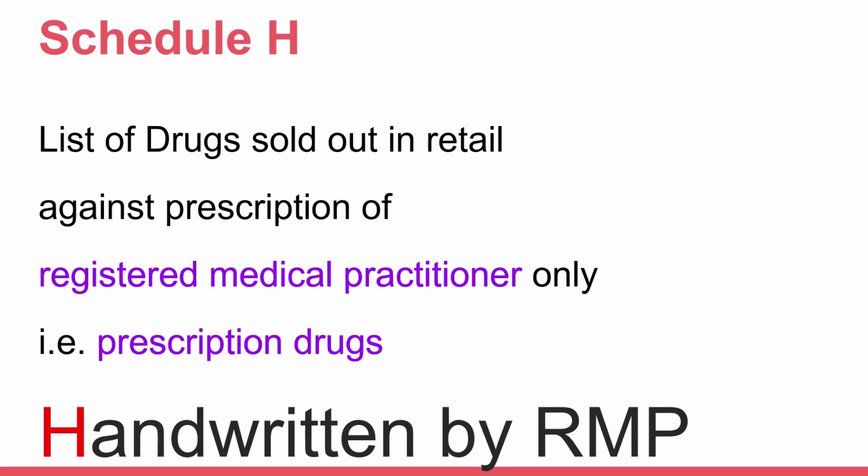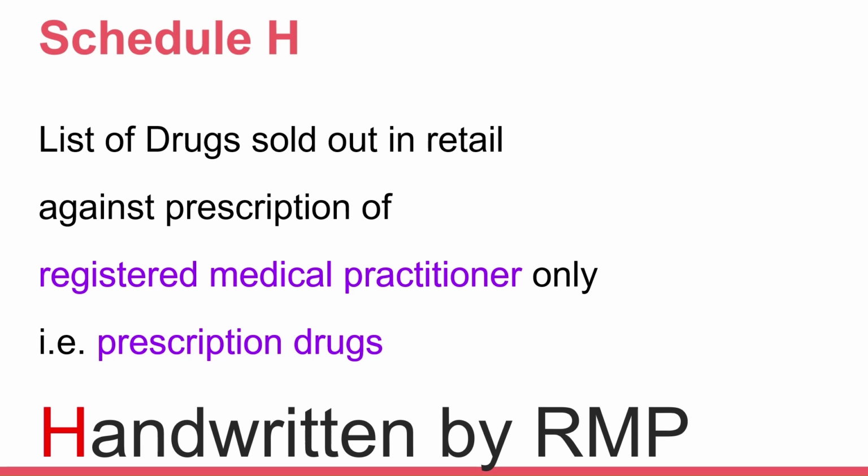That sentence helps you to remember that Schedule H drugs are dispensed in a handwritten prescription of RMP. That is, such drugs are dispensed in retail against a prescription of RMP.